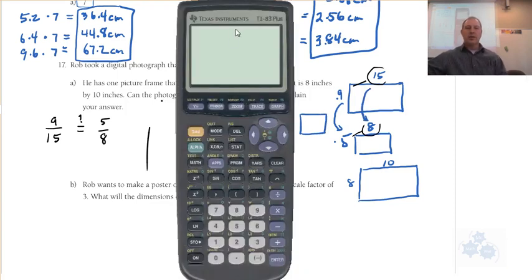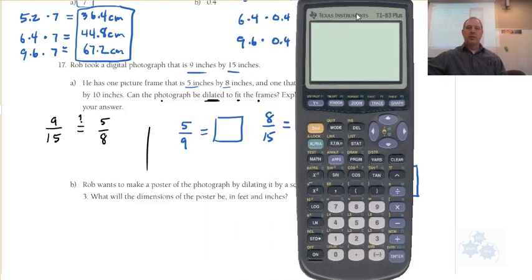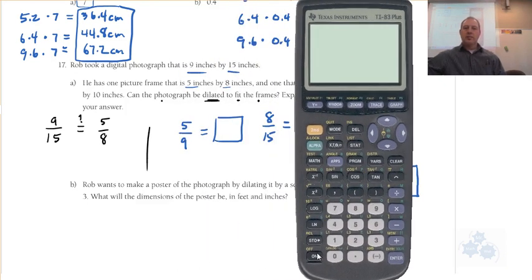So let's get on our calculator. We'll do both of those together. So let's see, 9, turn it on, clear it. 9 divided by 15 is 0.6. 5 divided by 8 is 0.625, not quite the same. So it looks like maybe this might not be the same shape.